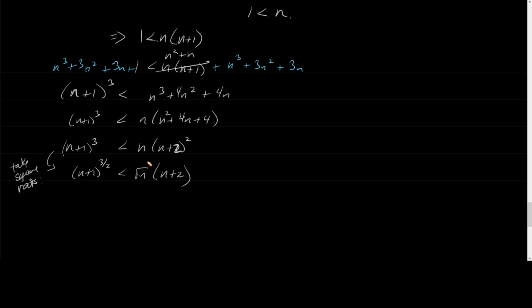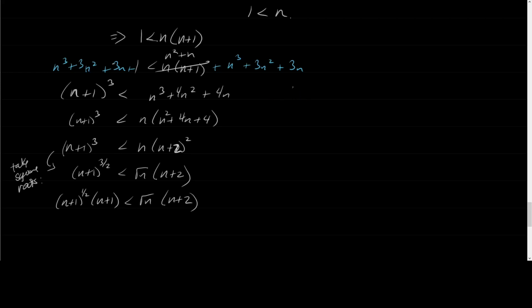And this side over here is really saying n plus 1 to the 1/2 times n plus 1, because 1 plus 1/2 is 3/2. On this side, we still have just the square root of n times n plus 2.